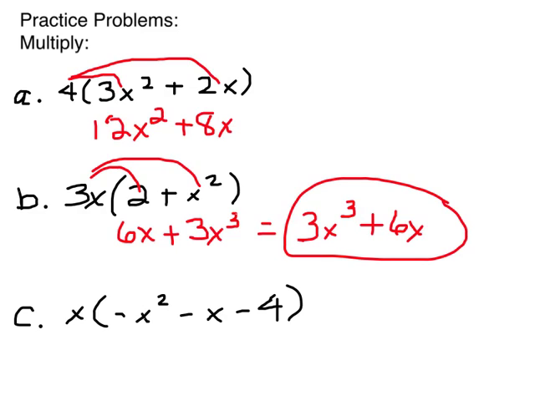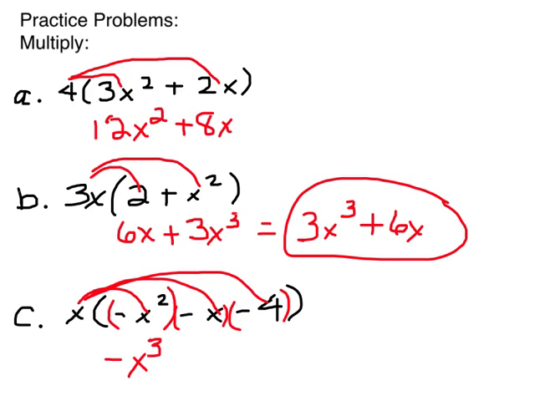In C, we're going to multiply this times this times this, and this times this. And the sign in front always goes with the number that comes after it, okay? To help me remember here. Okay, x times negative x squared is negative x cubed.